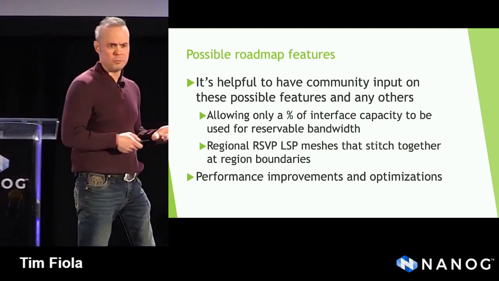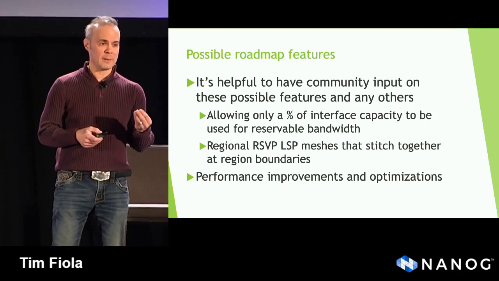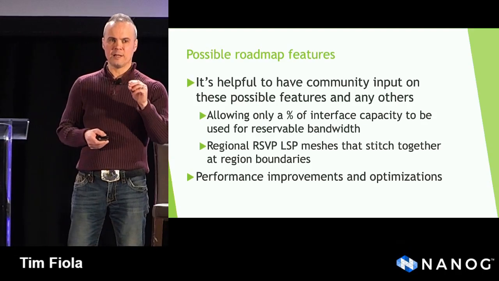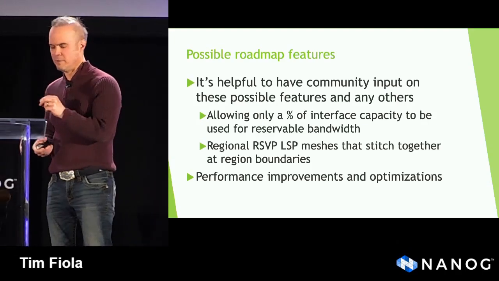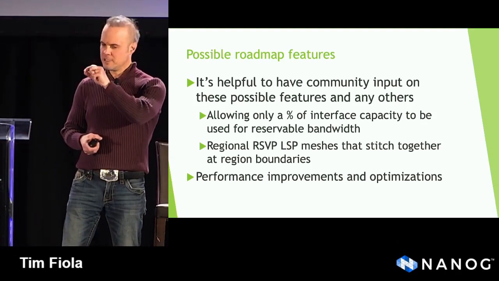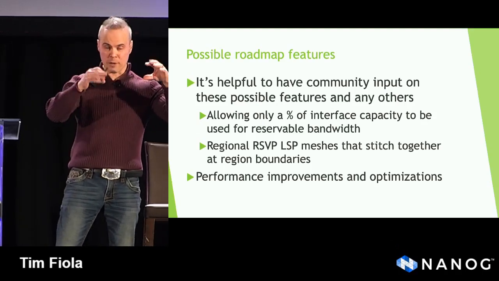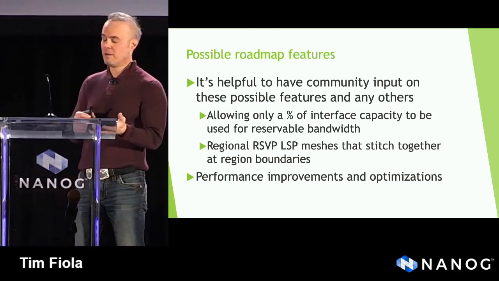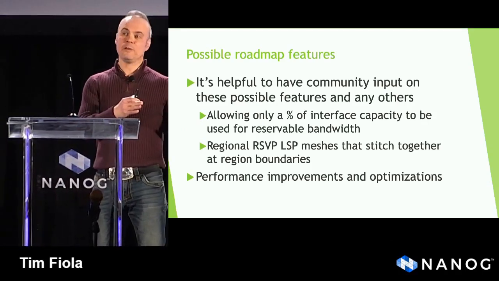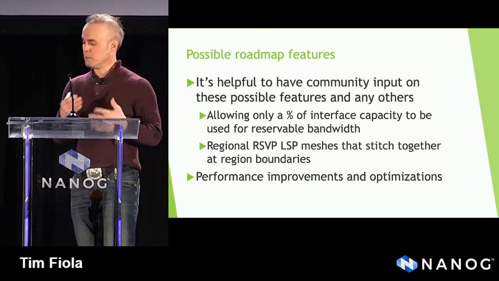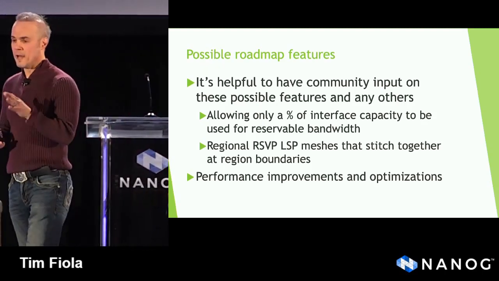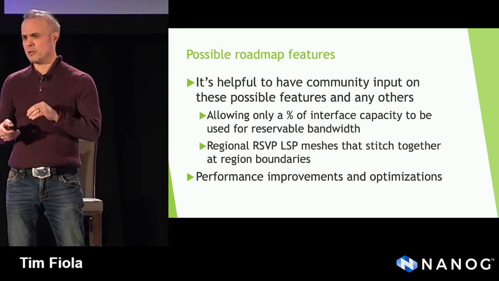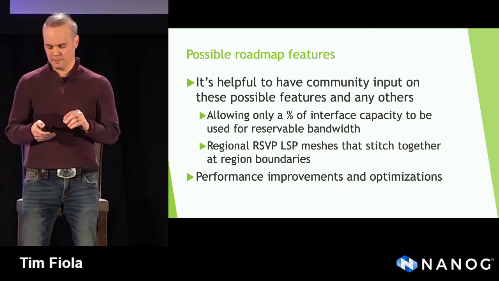If you happen to be good at finding optimizations in code, I would love to hear about it, because right now, simulating LSPs is very expensive, because you have to basically simulate them one at a time, converge the model, simulate the next routing, converge the model, because one LSP's path is dependent on how the other LSPs before it route. So LSPs are expensive. So that is where I'm looking for more optimization right now. That being said, I'm getting pretty good performance, but it could definitely be better.